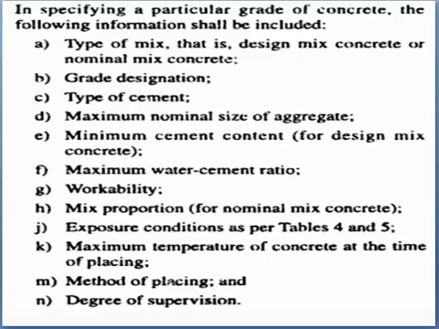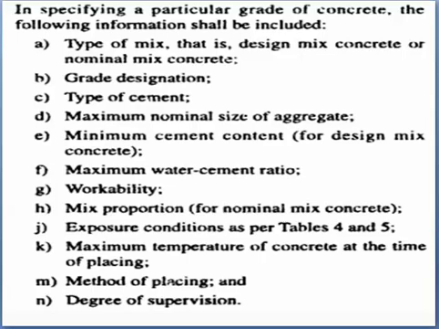The next is the maximum nominal size of aggregate. So we should know the maximum nominal size of aggregate which is being used and for which we are designing the concrete. And then minimum cement content for design mix concrete. If we are designing the concrete, as I have told you earlier, design mix basically includes the testing of the materials before going for the design procedure.